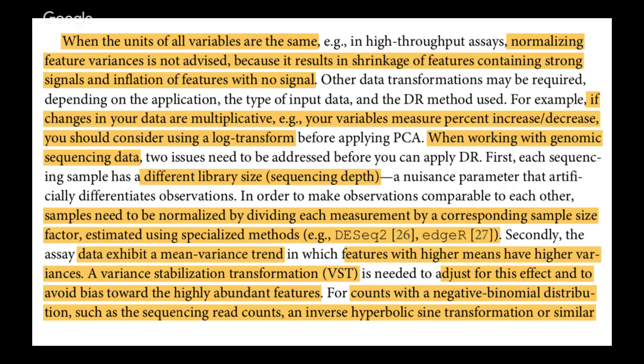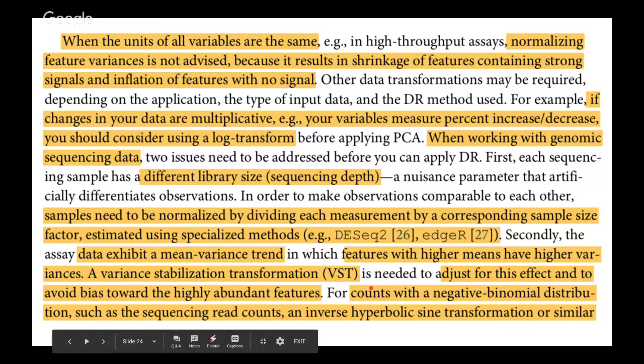The other aspect of dealing with genomics is that the data may exhibit a mean variance trend in which features with higher means have higher variances. This is also usually due to the sampling nature of some of these omics analyses. A variance stabilization transformation, or VST, is needed to adjust for this effect and to avoid bias towards the highly abundant features.